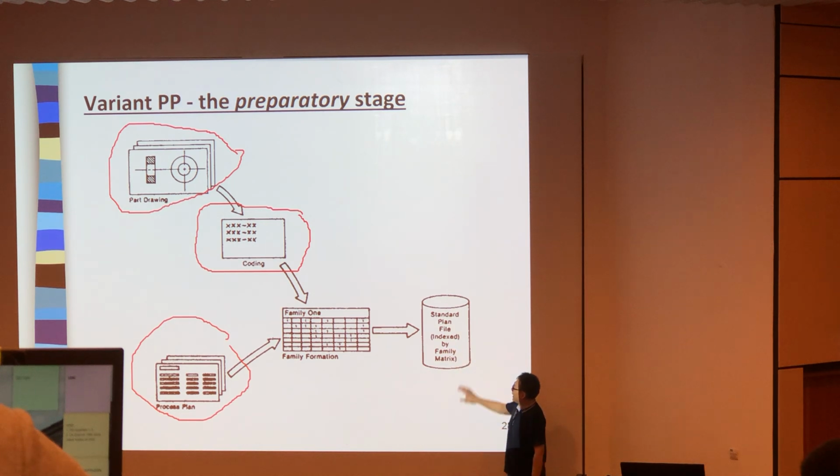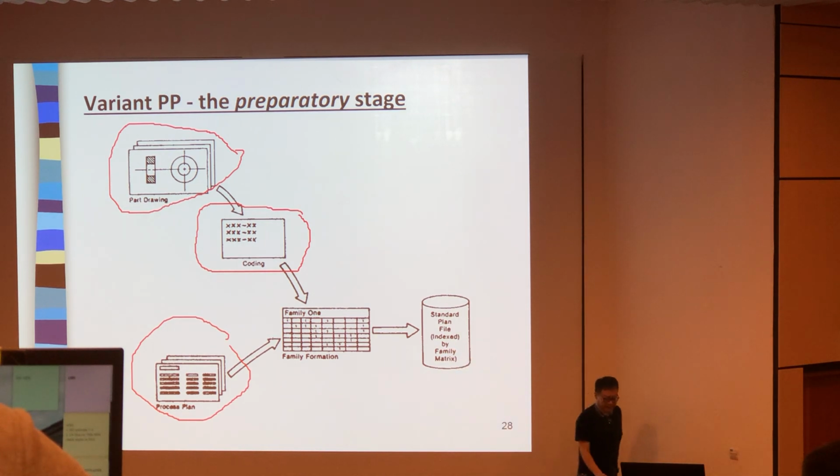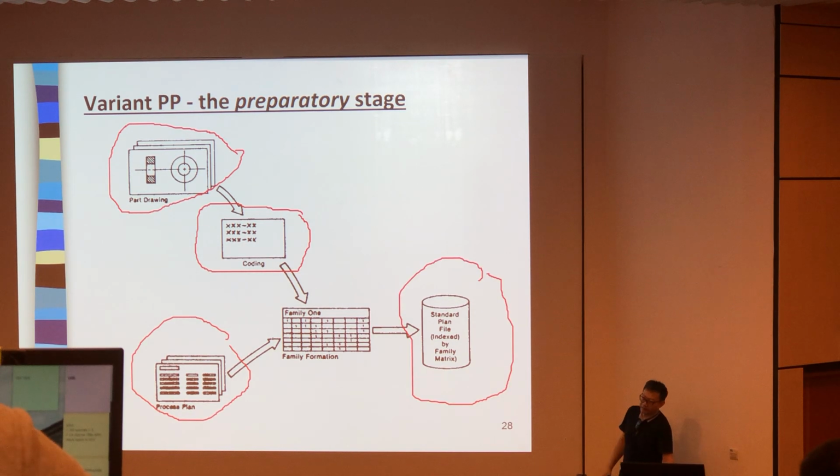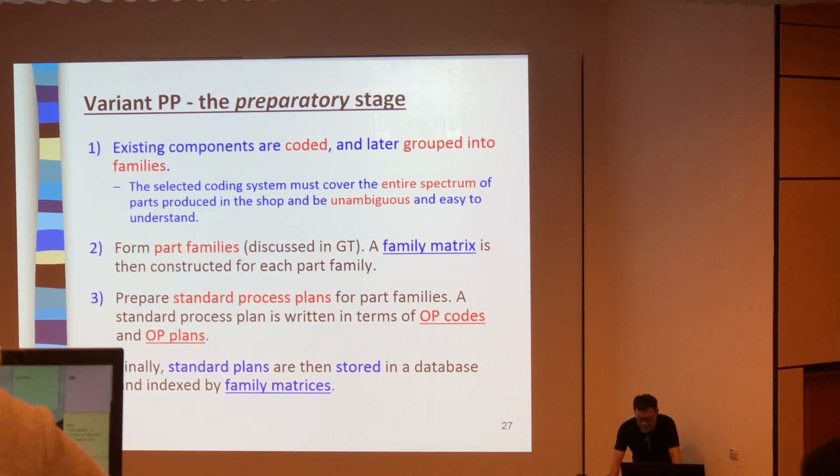By up to this stage, the system is called ready. So what we eventually have is a database system, and that is actually the actual form of a variant process planning system. And the description of all this for this stage is all here. This is just a summary.